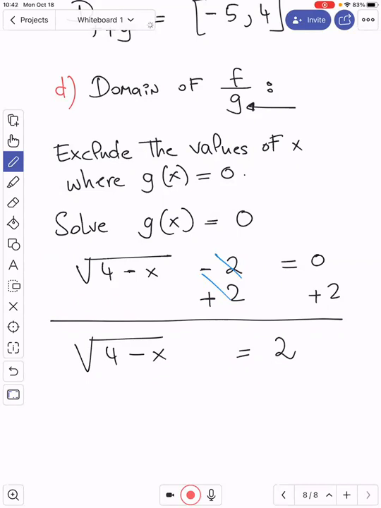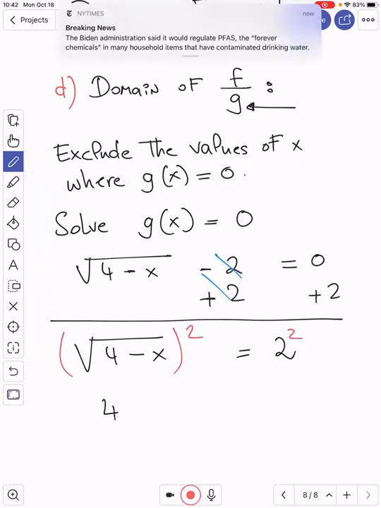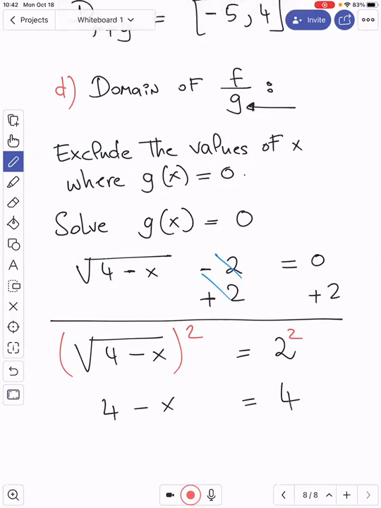We now need to square both sides to get rid of the square root. 4 minus x equals 2 squared, which is 4, and then subtract 4.